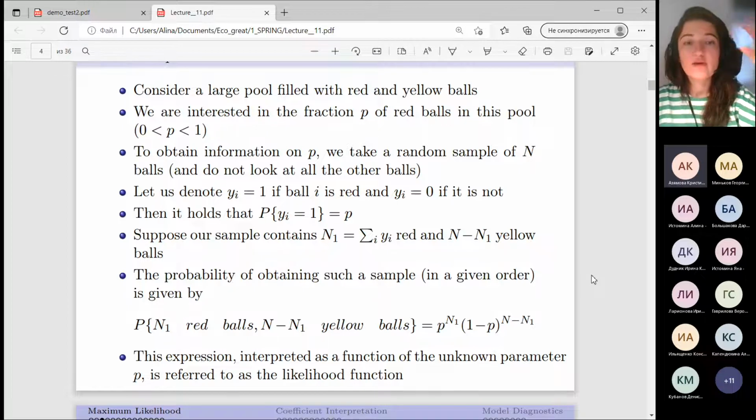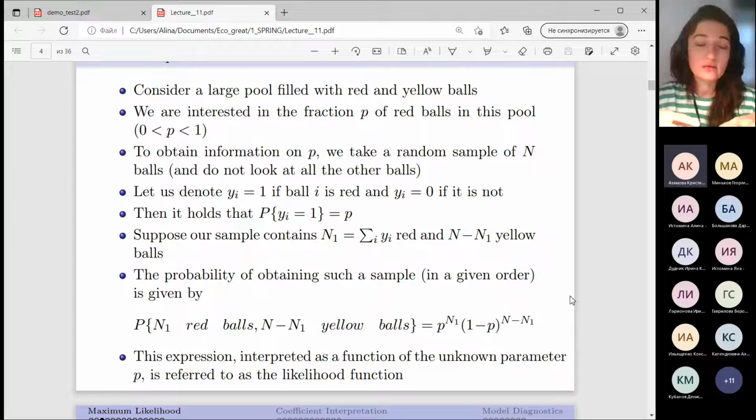So the very basic idea: let's say you have some pool, and in this pool you have red and yellow balls. Our main task is we want to understand the fraction of red balls in that pool.